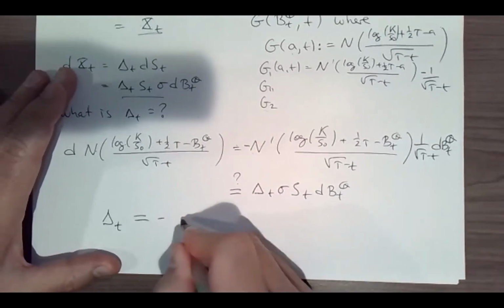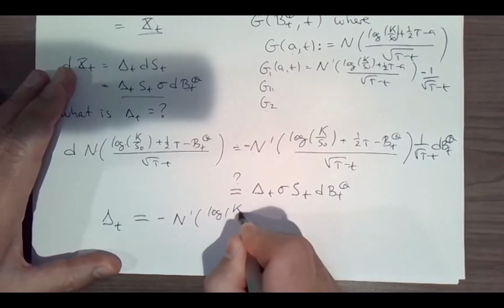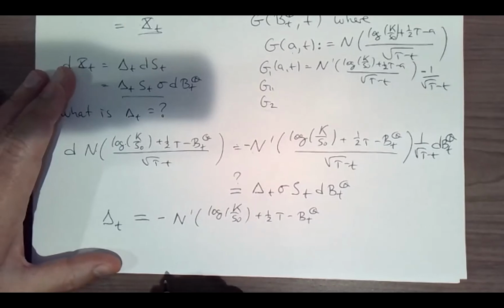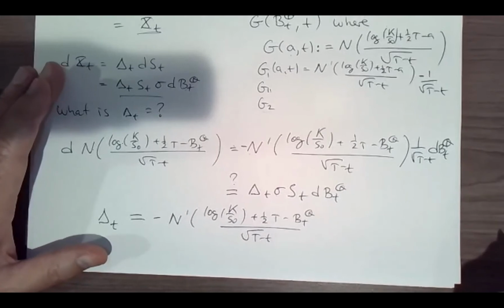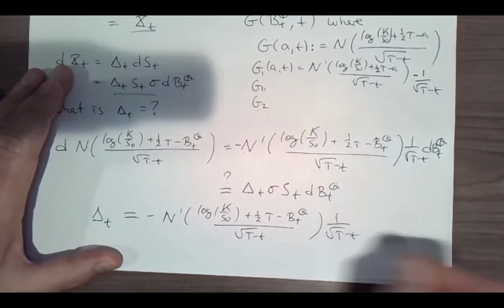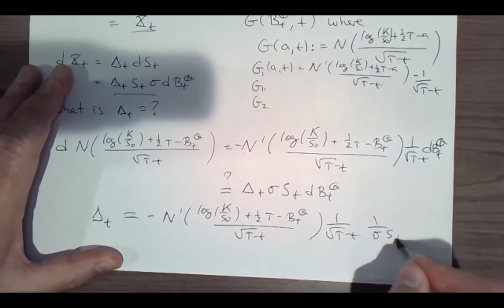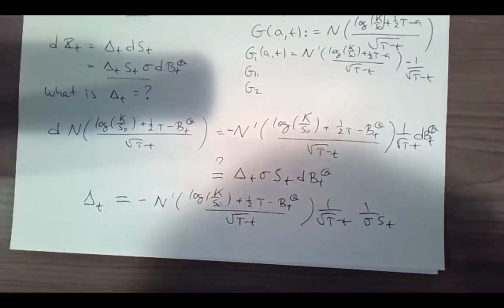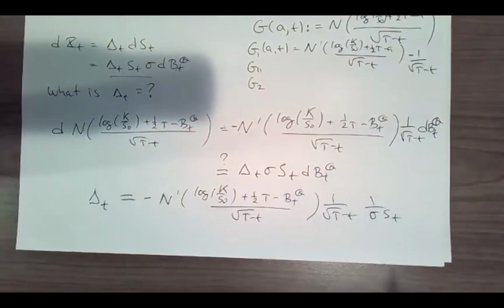So solving for delta, it'll be minus n prime of log k over s naught plus 1/2 t minus btq, divided by square root t minus t, times one over square root t minus t, times 1 over sigma st. So if you want to replicate, this is how you have to trade.